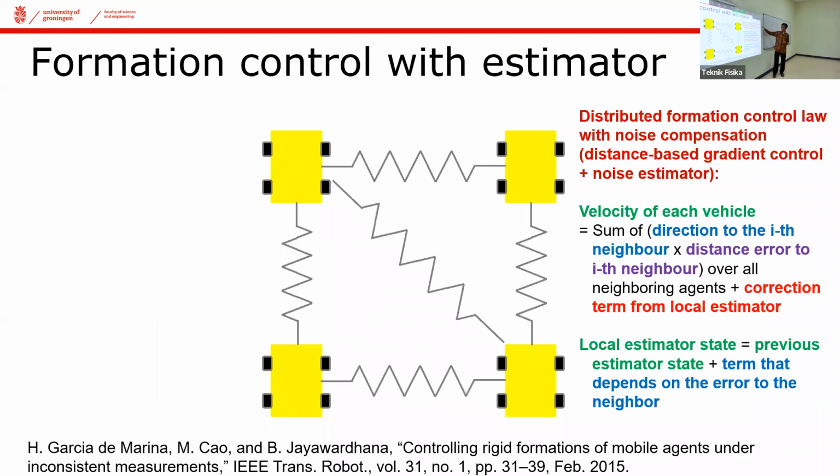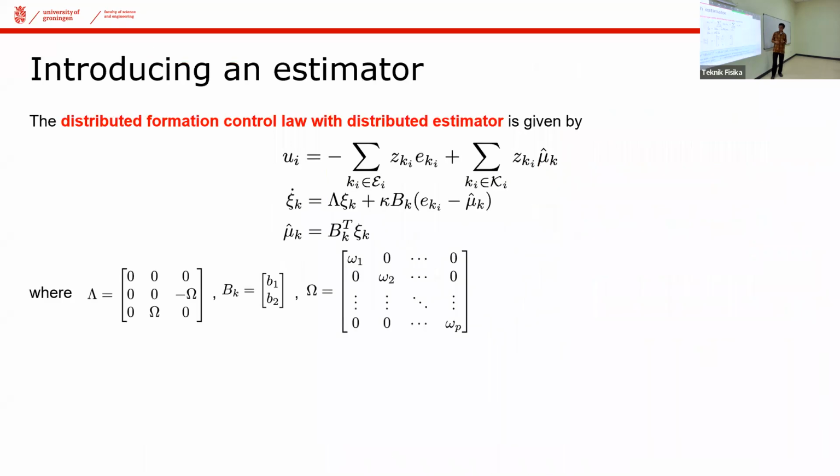So a bit of a summary. The distributed formation control, whenever there are some discrepancies or error or noise, is the same as before: the direction to the ith neighbor multiplied by the distance error to the ith neighbor, plus a correction term. So that is something that you have seen here.